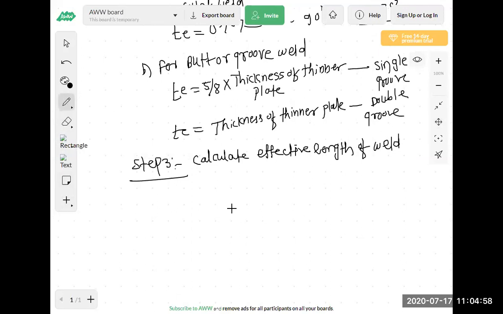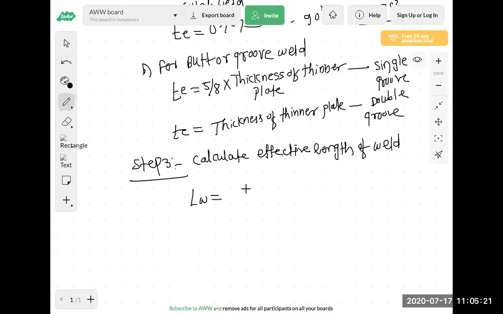Okay. So calculate effective length of the weld. How to calculate effective length of the weld? Effective length is nothing but, as we have written in the formula, LW is the effective length.